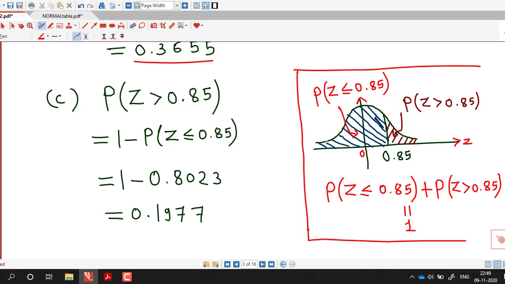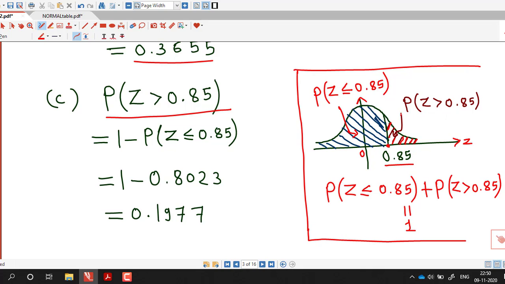Next one is the probability that Z is bigger than 0.85. You can see this normal probability curve. Suppose 0.85 is here, then we are interested in this area, Z greater than 0.85. This area is nothing but the total area minus the shaded area to the left of 0.85.